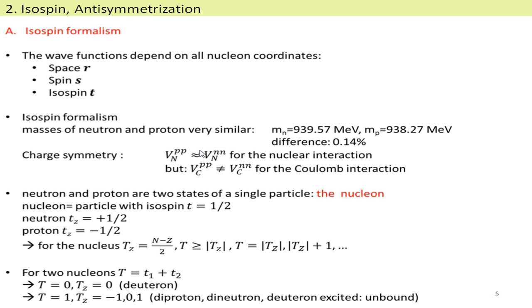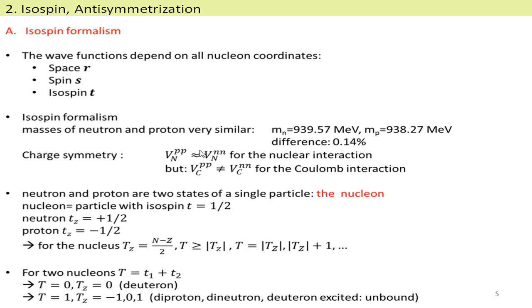So let me start with isospin. So maybe some of you know, but this is an important thing for microscopic models. So the problem is that we know that neutrons and protons have a different charge, but have very similar properties, almost the same mass. The mass difference is of the order of 0.1%, and we know that there is a charge symmetry.